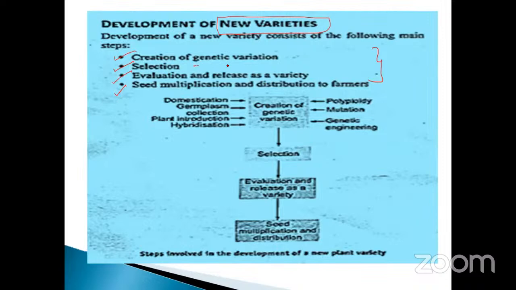Genetic variation, what is the meaning of genetic variation? Already, Mendel studied how many characters? There were 34 characters, among which he selected only 7, isn't it? Height, tall and dwarf, yellow wrinkled, green round, position of the flower, axial and terminal, likewise.